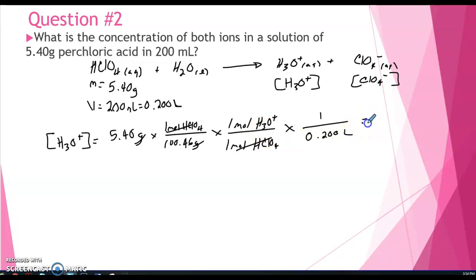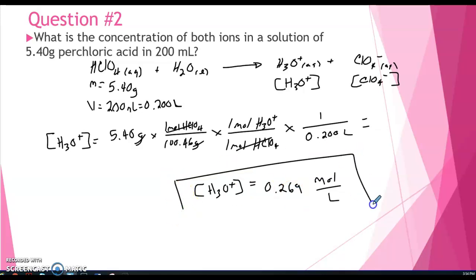Then we are left with the concentration of hydronium, which will be in moles per liter, because that's all that we have left over. And we would get 0.269 moles per liter of hydronium. And we would do the same thing for the concentration of perchlorate. And if you have any other questions about that, let me know.